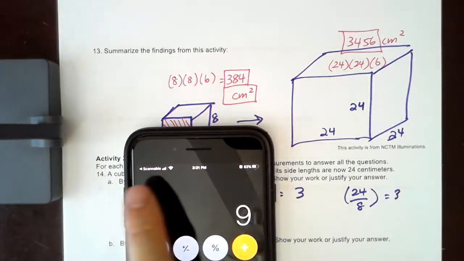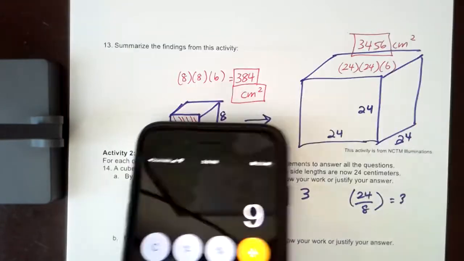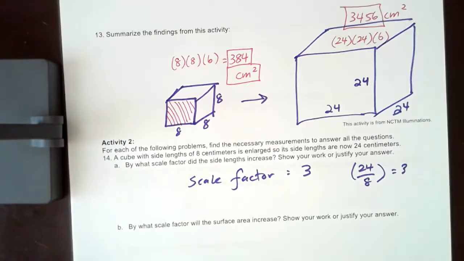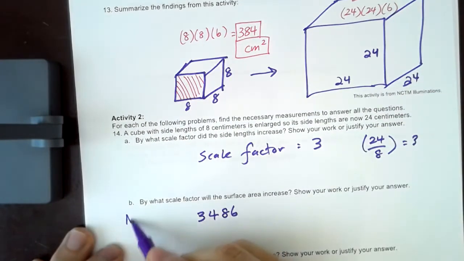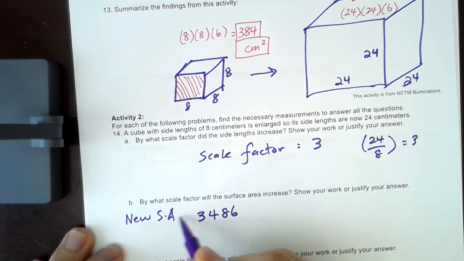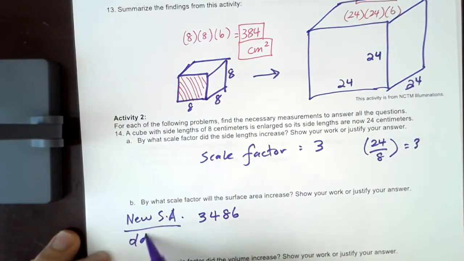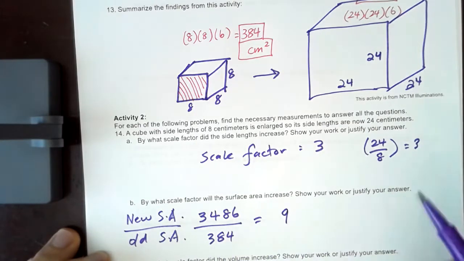Boom, it's 9. That should not be a surprise, class. 3,456, which is the new surface area, divided by the old surface area, is going to equal 9.